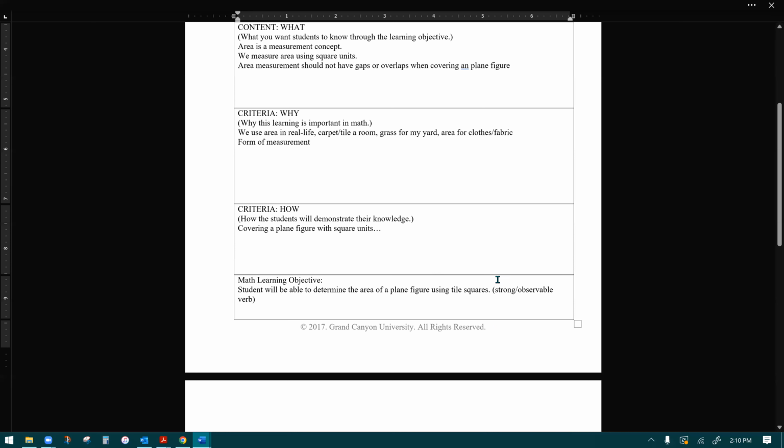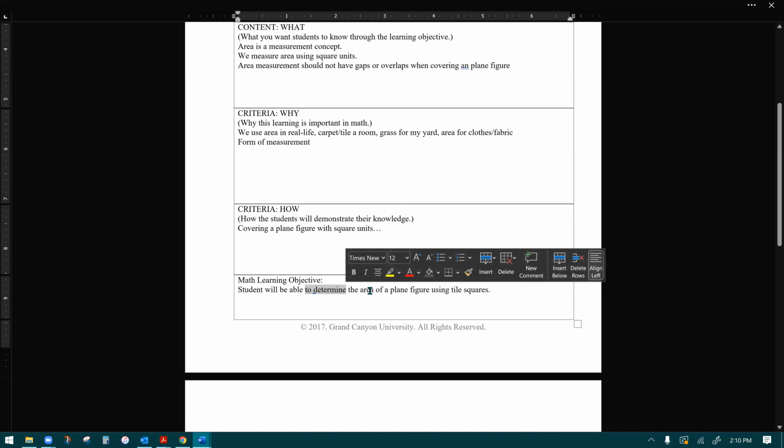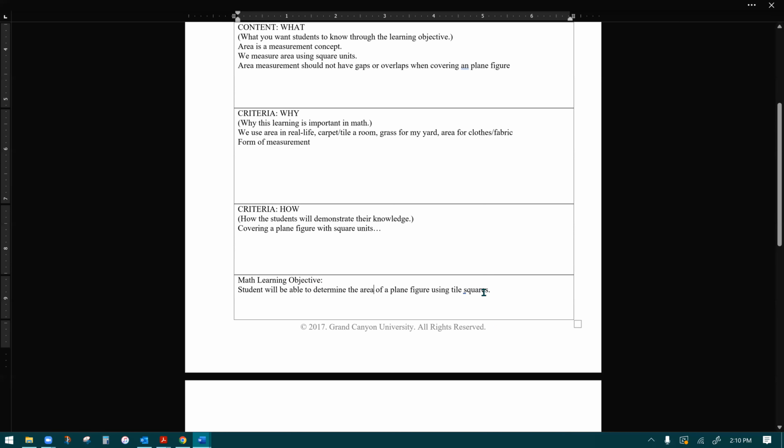There we go. So now that I have determined the area, that would be what they're doing. They're determining the area of a plane figure using square tiles and expressing the area of the figure in square units.